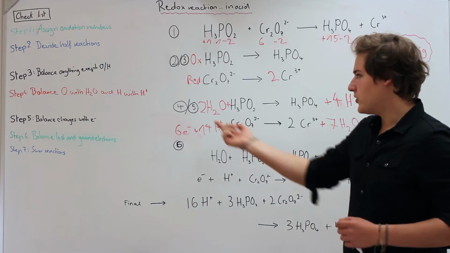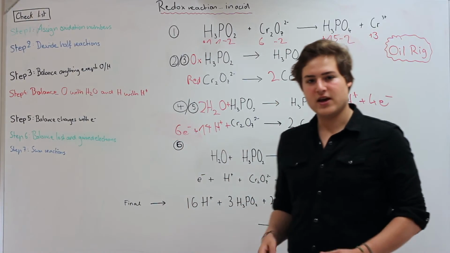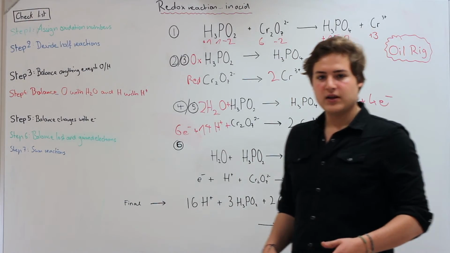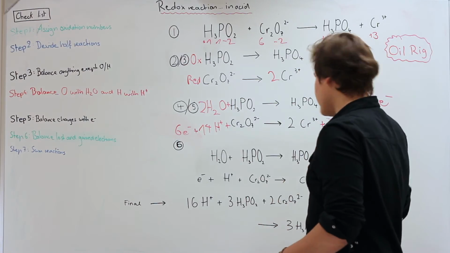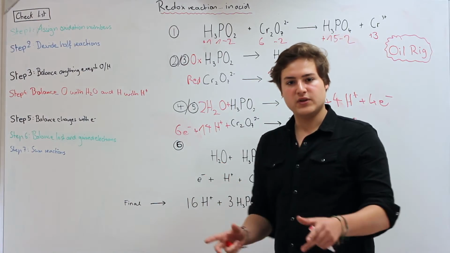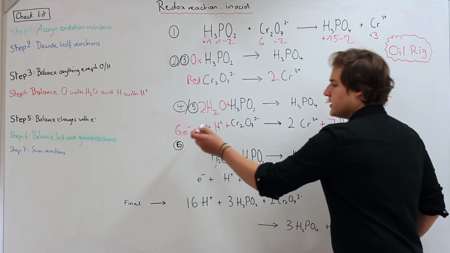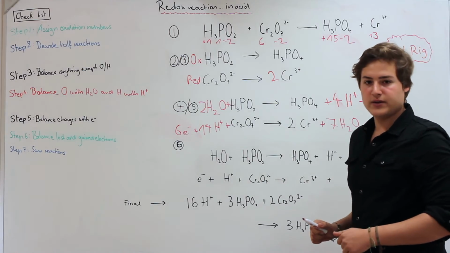Alright, looking at our clever checklist, we see that step 6 is to balance lost and gained electrons. It's very important that you balance electrons on the reactant side and on the product side, because they have to be the same. So now we see that we have 6 electrons on this side and 4 electrons on this side.